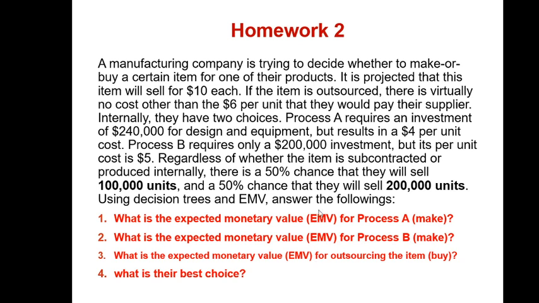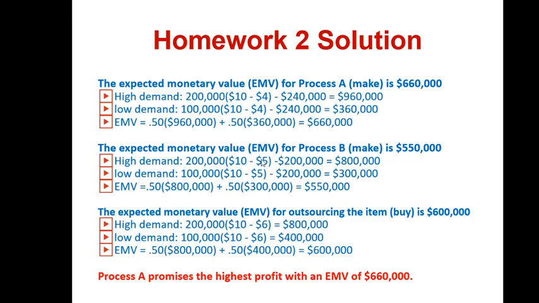The fourth option, I wrote it in the example, is always doing nothing, and of course the EMV will be 0 for that. We know already that from the previous example. What is the best choice? Is it process A, B, or outsourcing, or doing nothing? We will see.